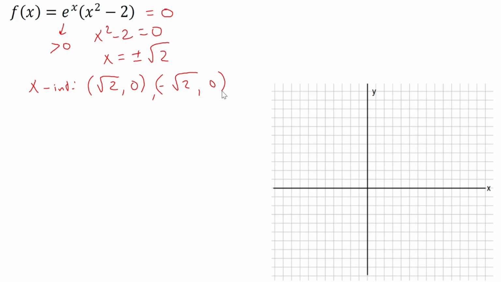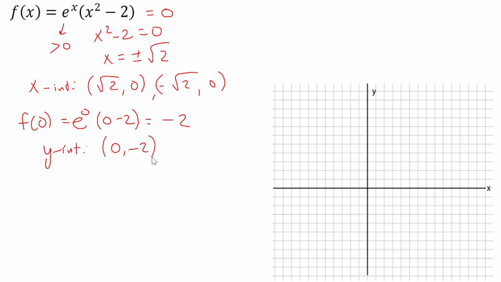That does not give us the y-intercept, so we'll need to find our y-intercept. Of course we find our y-intercept by just plugging in 0 to the function. f of 0 is e to the 0 times (0 minus 2), which is, well, e to the 0 is 1, times negative 2 is negative 2. So our y-intercept is the point 0, negative 2.